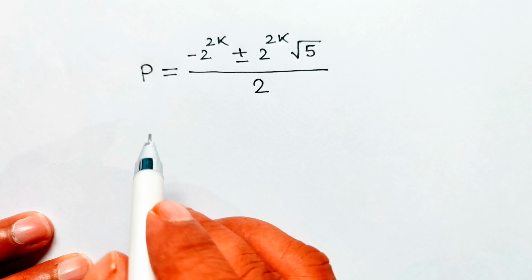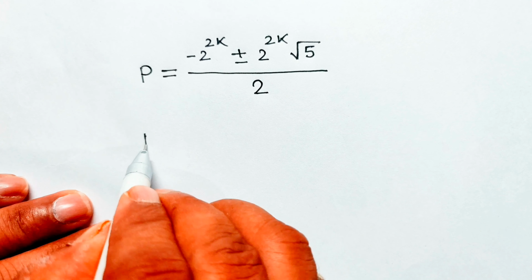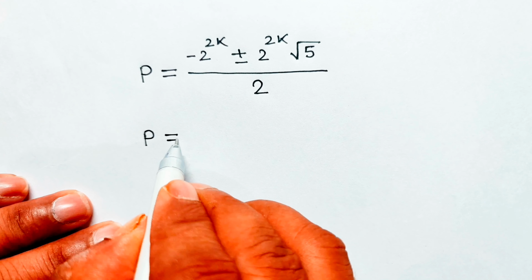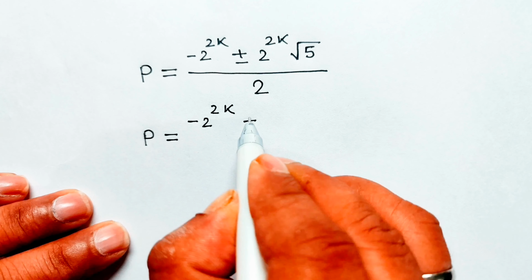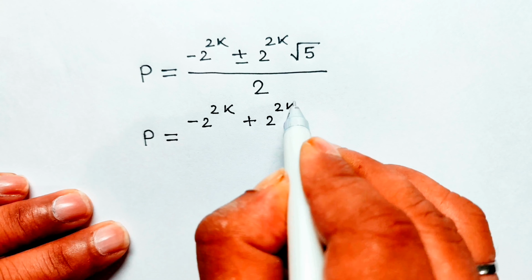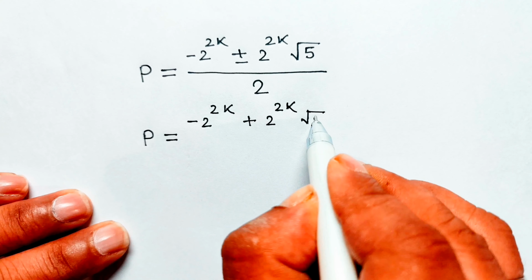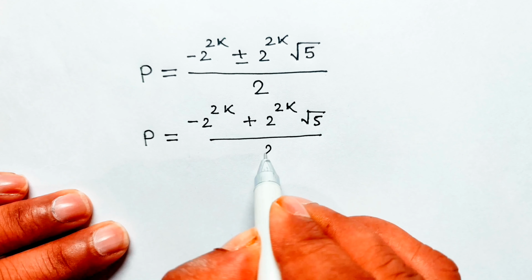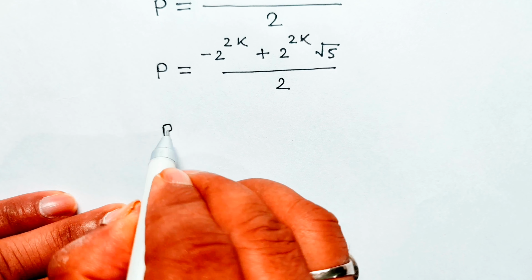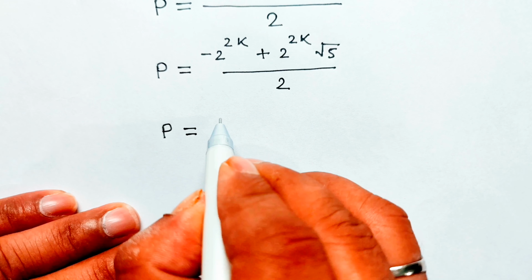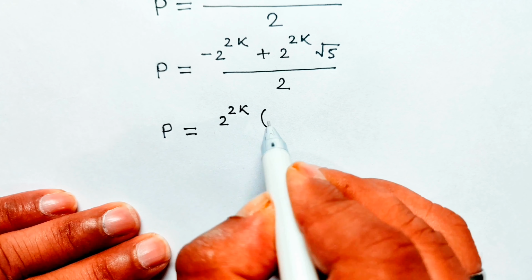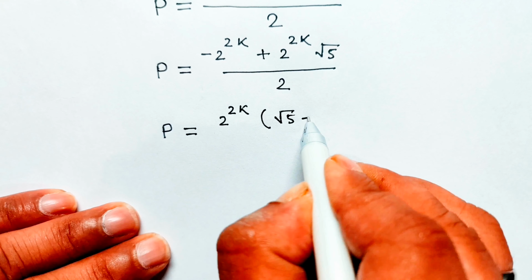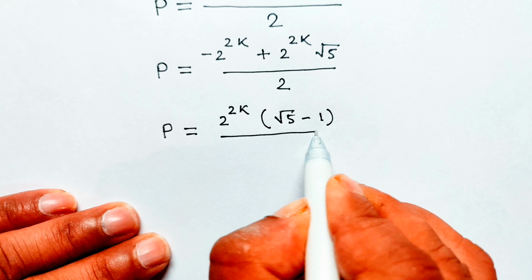P equal 3 to the power k cannot be negative. Then p equal minus 2 to the power 2k plus 2 to the power 2k into root 5 divided by 2. Then p equal 2 to the power 2k common, then 2 to the power 2k into (root 5 minus 1) divided by 2.